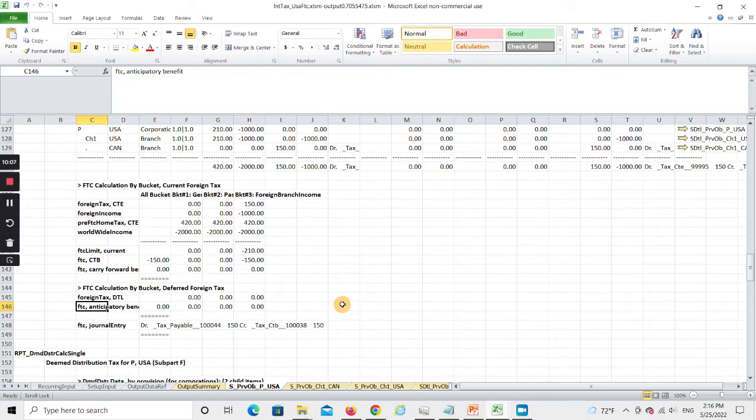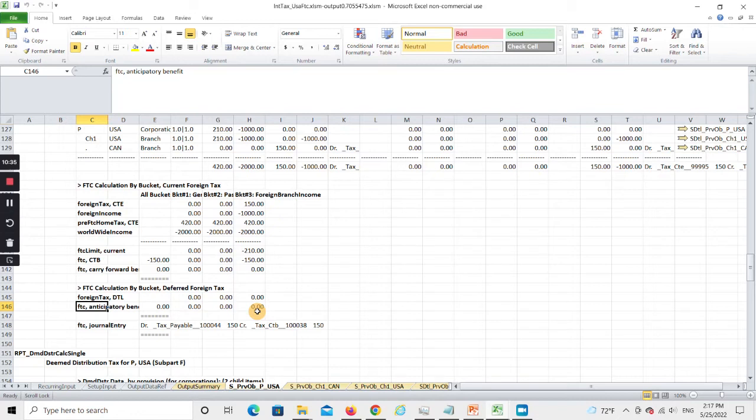So it is not paying that tax just yet. It's deferred for future periods. But when in the future the branch is paying that Canadian tax, it would also have the U.S. tax benefit. Now, this future benefit is being anticipated, but in our case, there's zero amount in here.